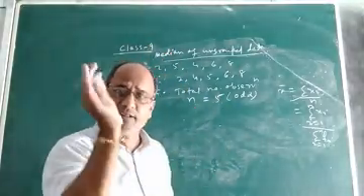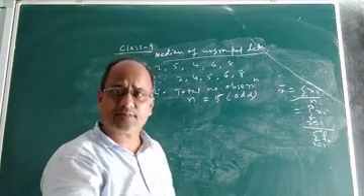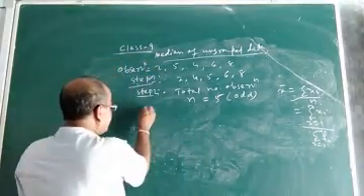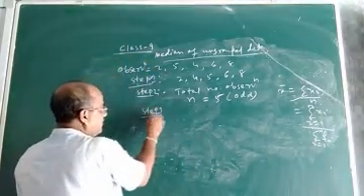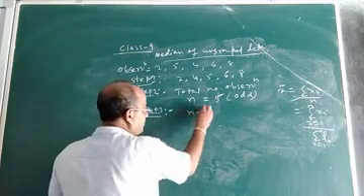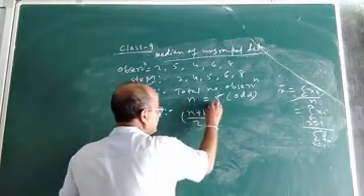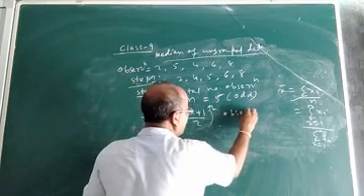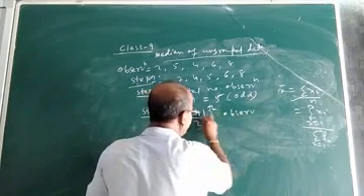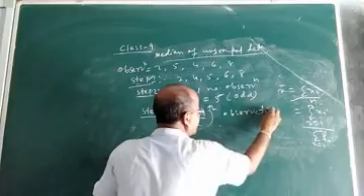Now if the total number of observations is odd, then what we will do? Step 3. Find the value of (n plus 1) by 2th observation.